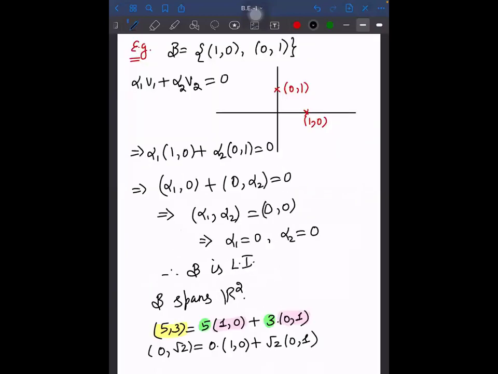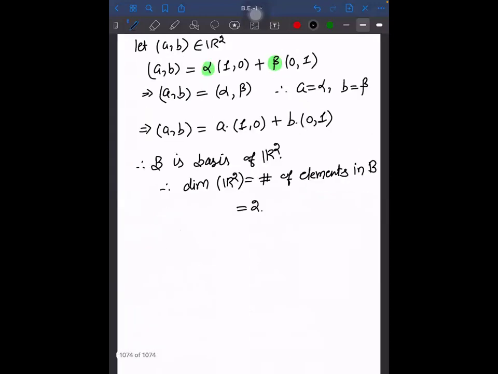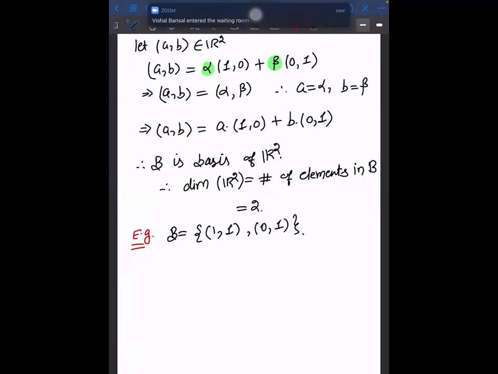Okay, so now see, next is, let's say I've changed the set and then my new set is something like this, right?